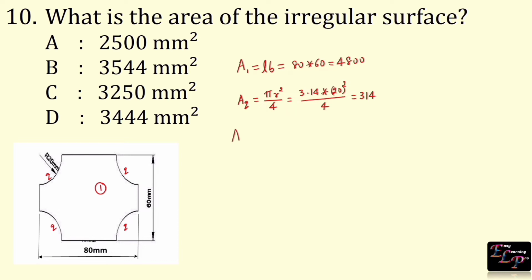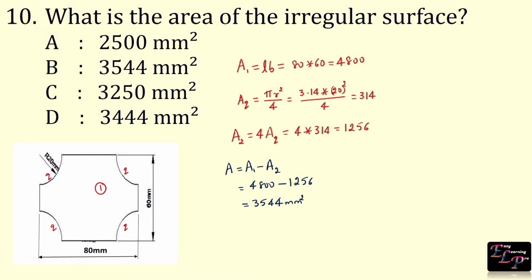So total area A2 will be equal to 4 times area of quadrant. 4 into area of quadrant is 314, which is equal to 1256. Here the quadrants are removed from rectangle, hence total area is A1 minus A2. Substitute the values. A1 is 4800 minus A2 is 1256, which is equal to 3544 mm square.